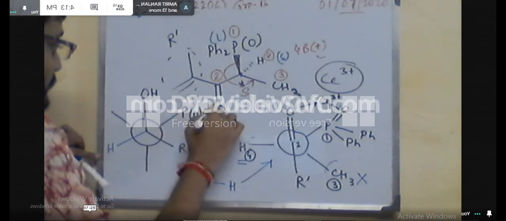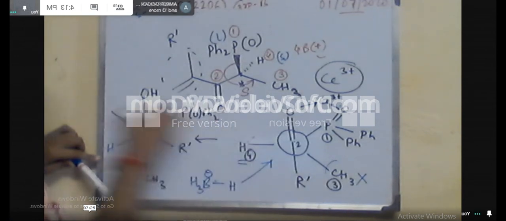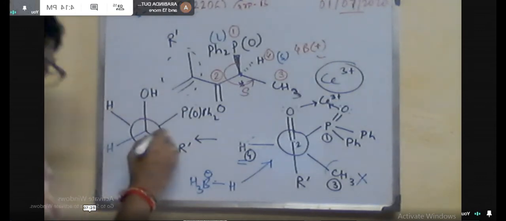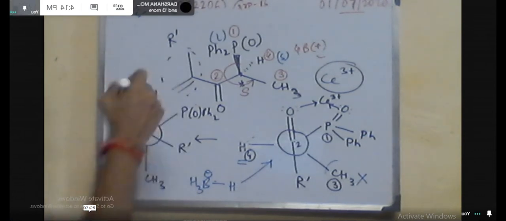So in this case, if you draw the zigzag conformation, say this is your substrate, this portion will be fixed, that is S, it is always fixed.